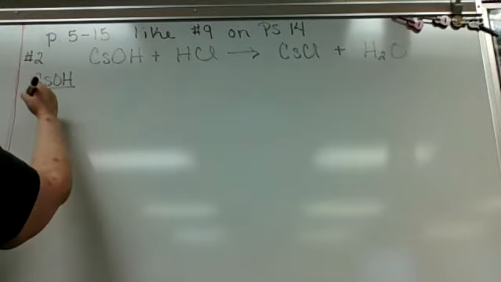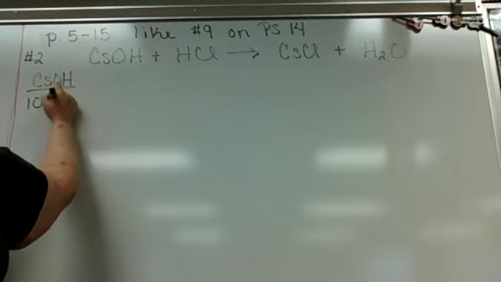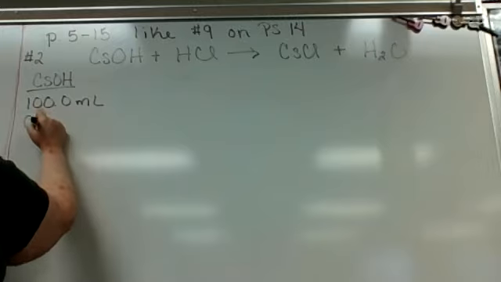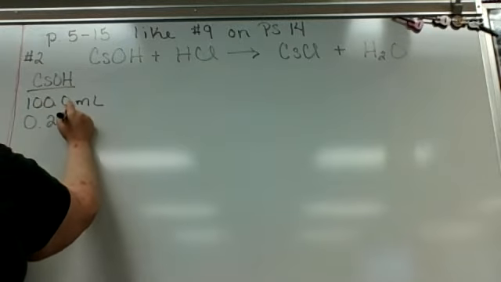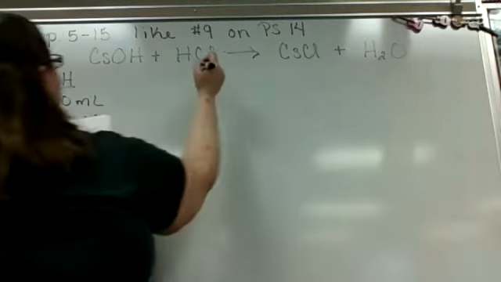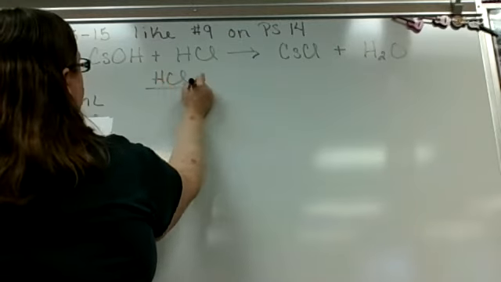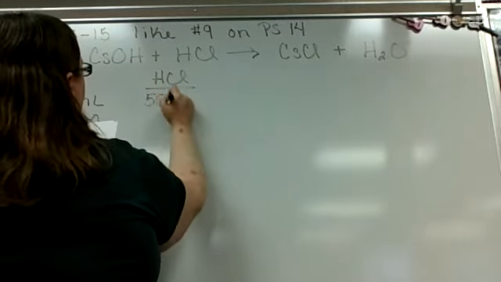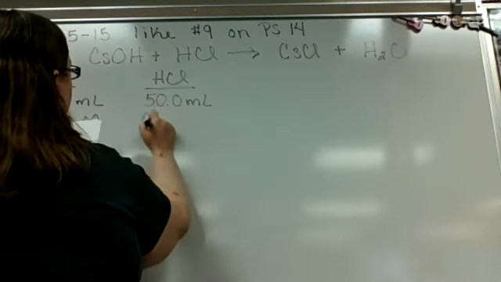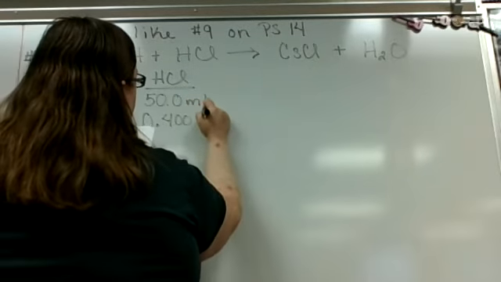Assume you mix 100 milliliters of 0.2 molar CsOH with 50 milliliters of HCl, and that is 4 molar.